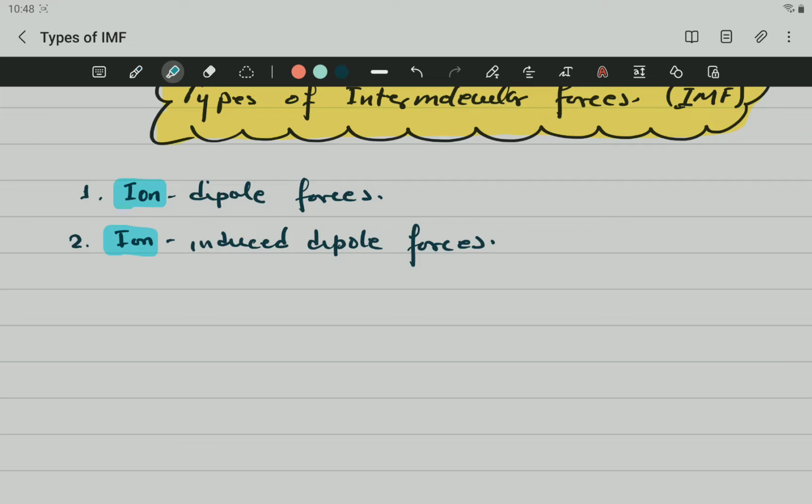Now, remember what ions are. Ions are charged atoms because they either lose electrons or gain electrons, and these come from ionic substances.